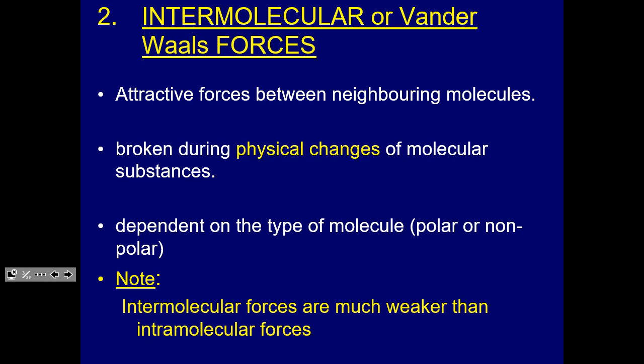Intermolecular forces are much weaker than intra, right? So the chemical bond that holds the hydrogen onto the oxygen in water is a lot stronger than the hydrogen bonding that holds the water together. This makes good sense.